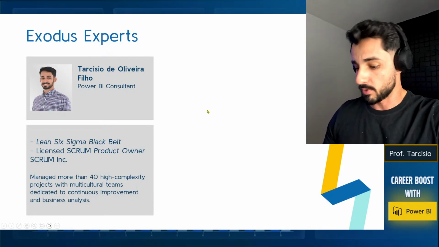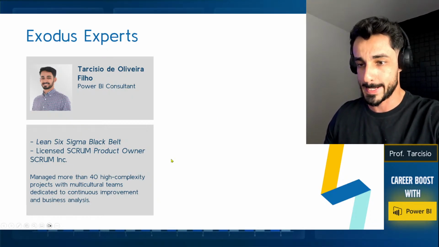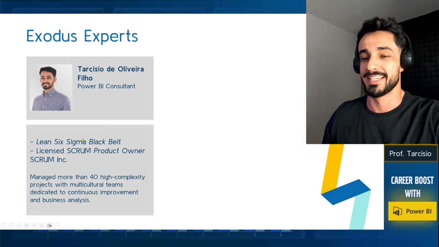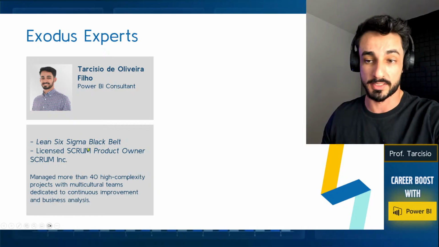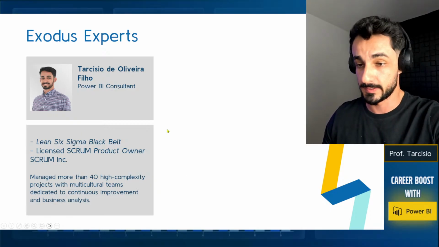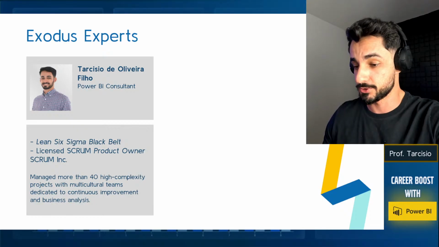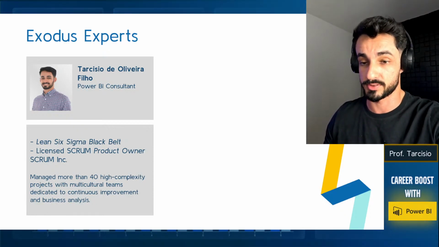And well, talking more about myself, I know that some of you still don't know me very well, but I am a Power BI consultant, and I have this background related to Lean Six Sigma and agility. Lean Six Sigma is a framework, a methodology for continuous improvement, okay, for improving processes.